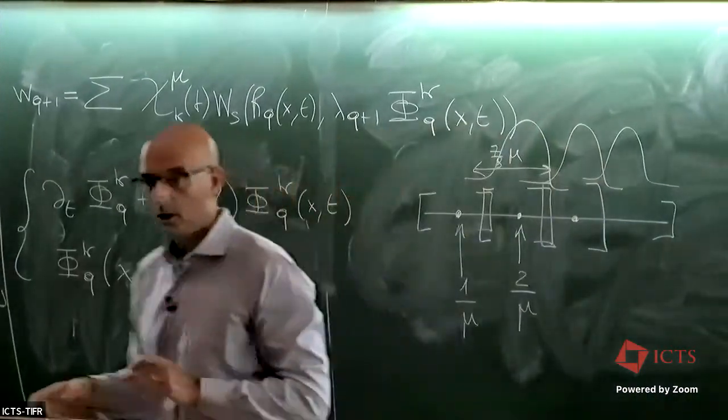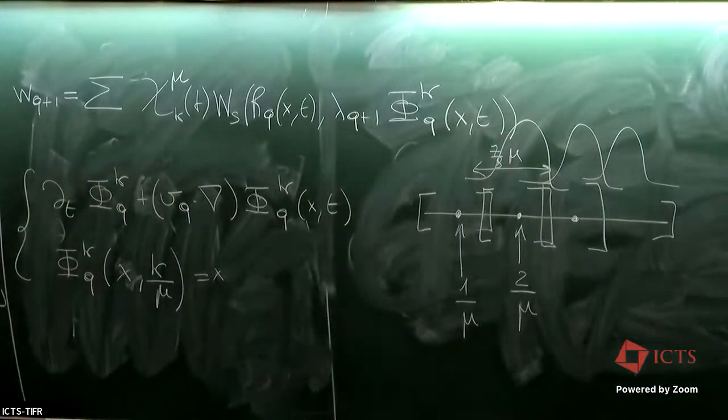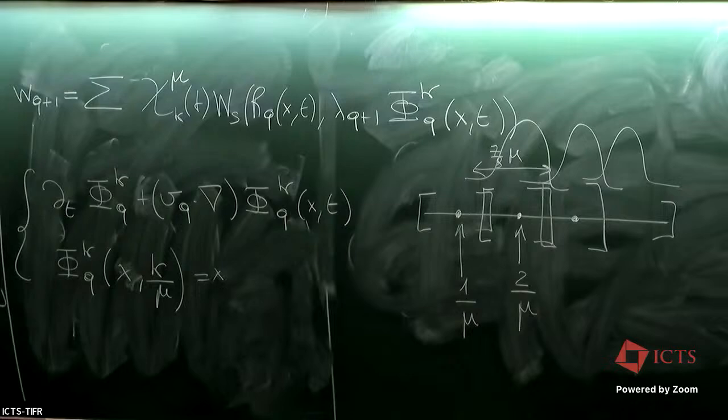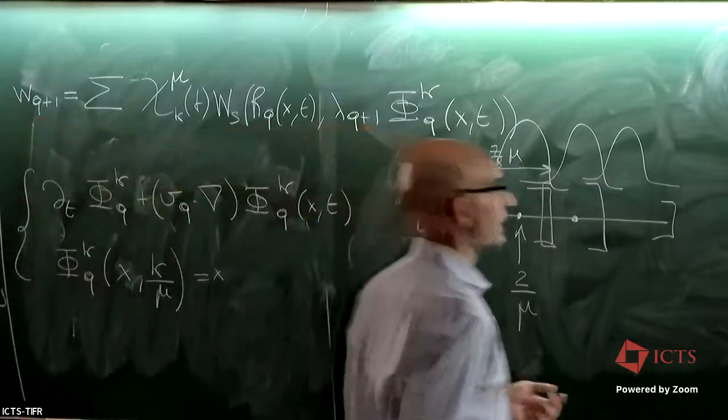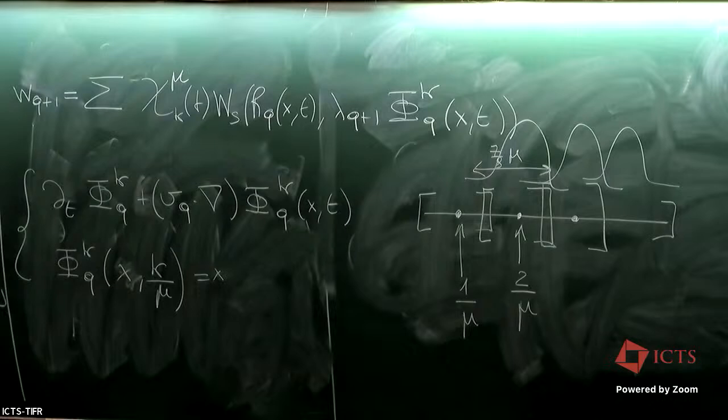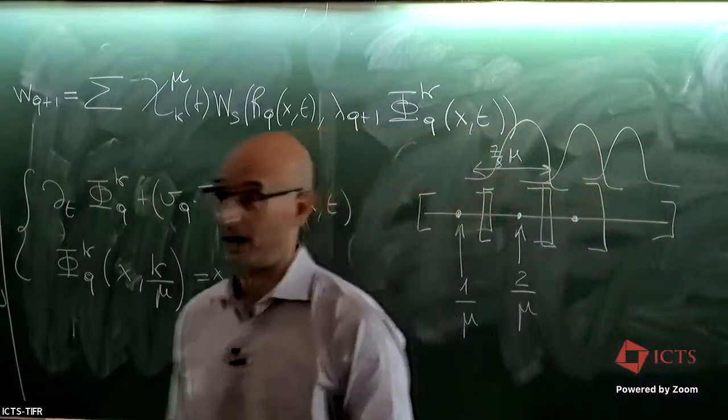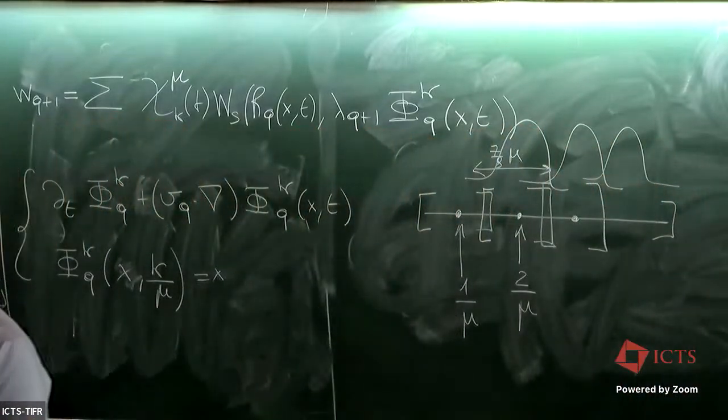Okay, so can I do this? Because I'm taking linear combinations of my perturbations. Well, I could do this if, for instance, I find a space of solutions which is solving that problem, which at the same time is a linear space, so that I can take combinations of them.